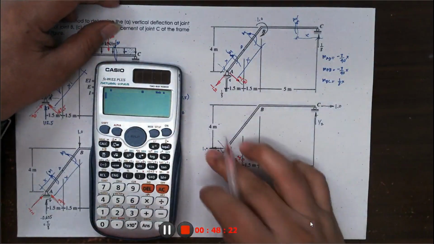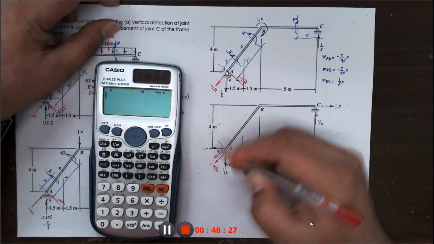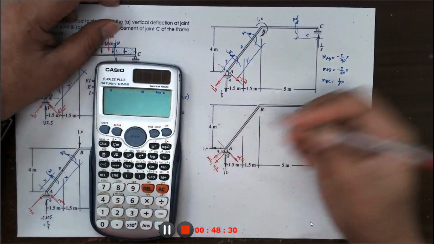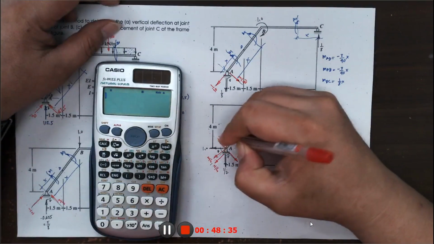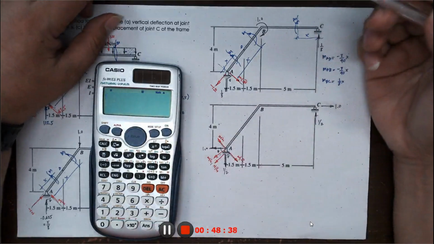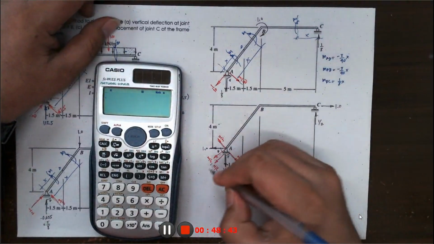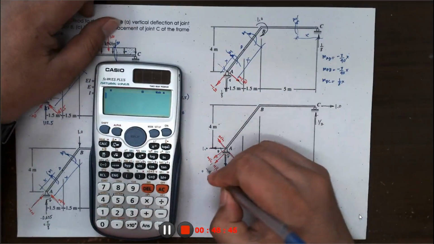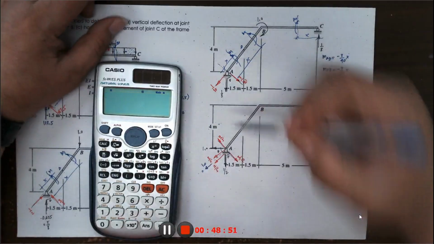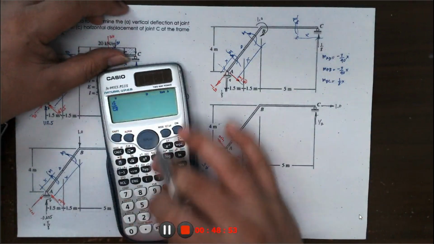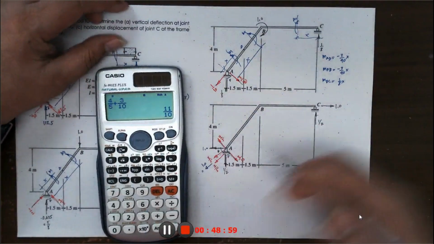Ana, well, this one dayon 0.6 na, 3/5, and then kini 4/5. So mo total ni sila og 1. Tapos kini 4/5 plus 3/10, 11/10.